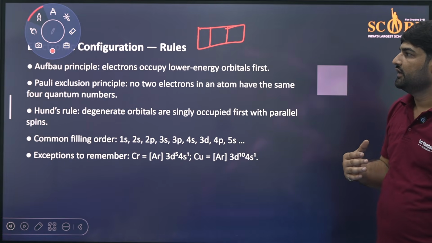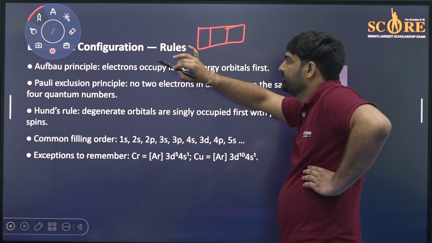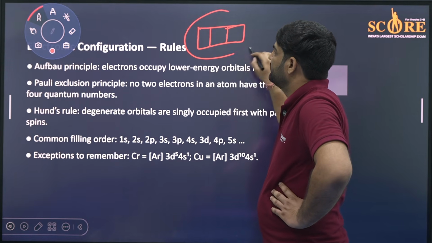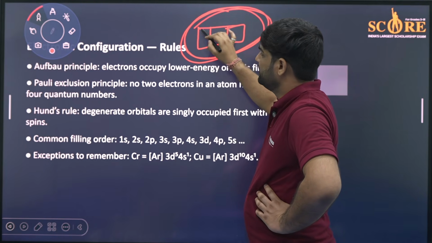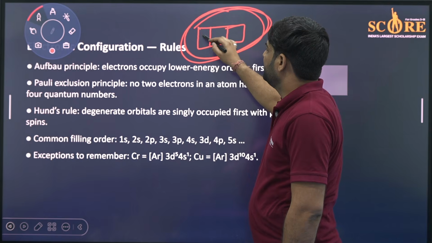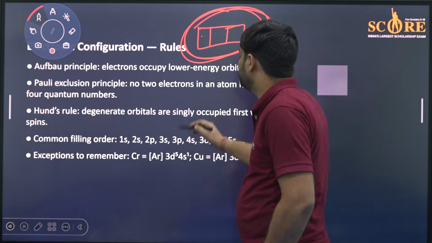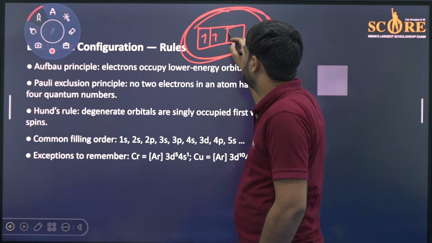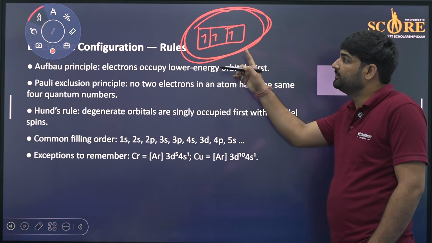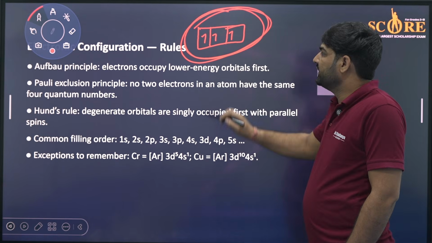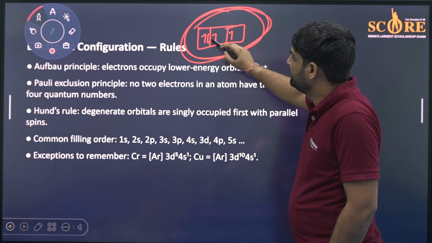In degenerate orbitals, electrons are filled in such a way that electron repulsion is minimized. For that, you have to maximize unpaired electrons so that electron repulsion can be minimized. After that you have to do the pairing.